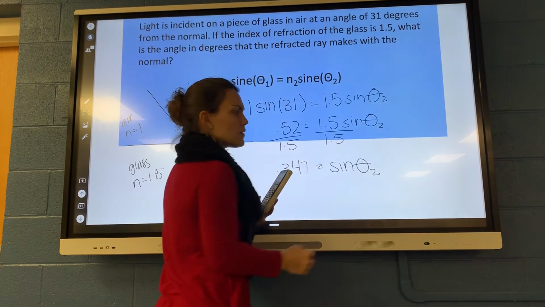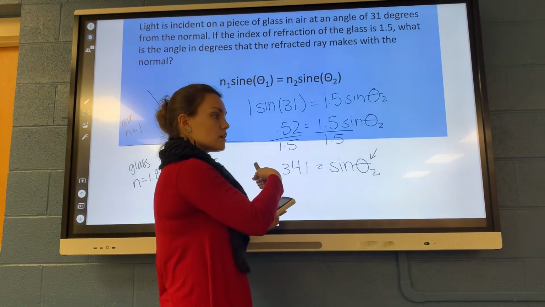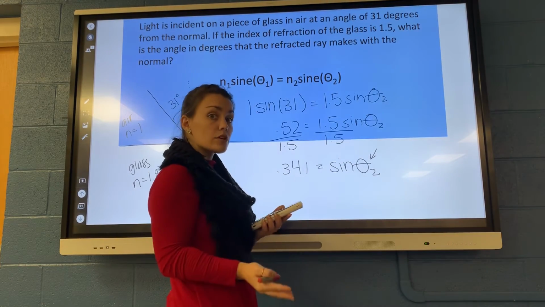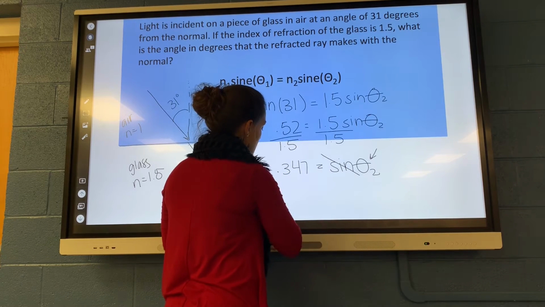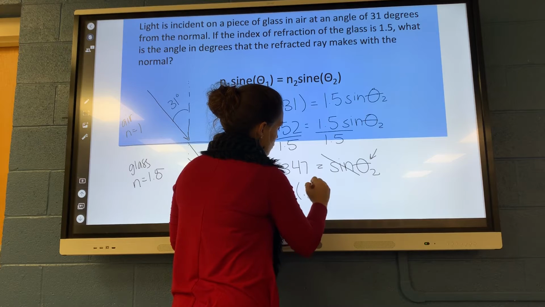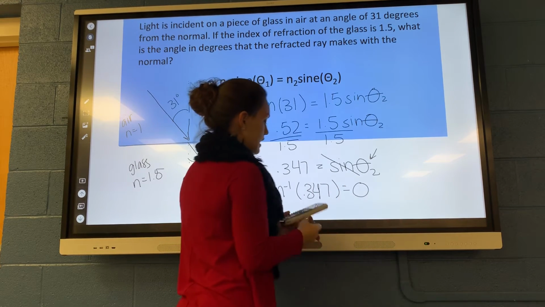All right, I'm trying to solve for the angle, so I need to move sine to the other side. What's the opposite of sine? Inverse sine. So that means I need to take the inverse sine of both sides. That's going to cancel this out, and I'm going to say sine to the -1 of 0.347, and that equals my angle.